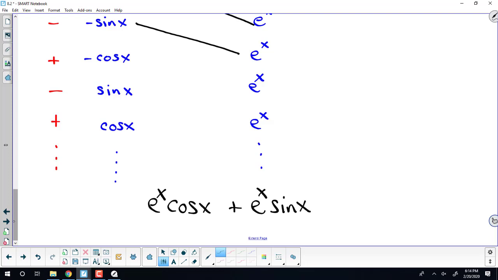Remember, all of this work is to show what this antiderivative is. Okay, and then we cross again. We have negative cosine e to the x, but we know that stuff isn't there, right? So you've got to recognize that if I do this, then it's not correct.